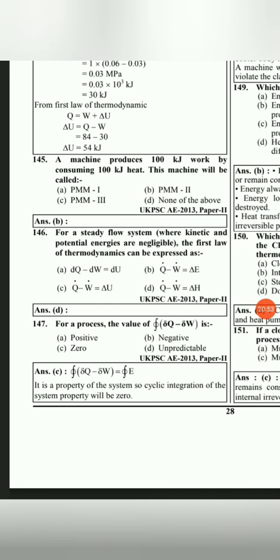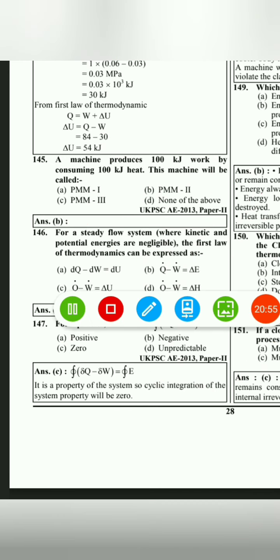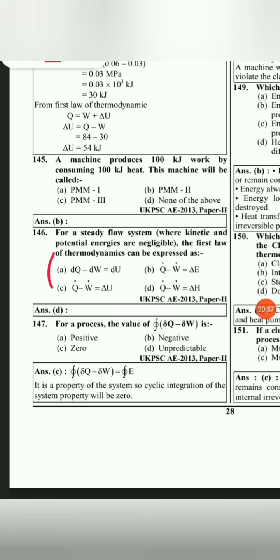So according to the first law, rate of heat transfer minus rate of work done will be equal to delta H, that is the change in enthalpy for a steady flow system, that is an open system. So here option D will be the right answer.